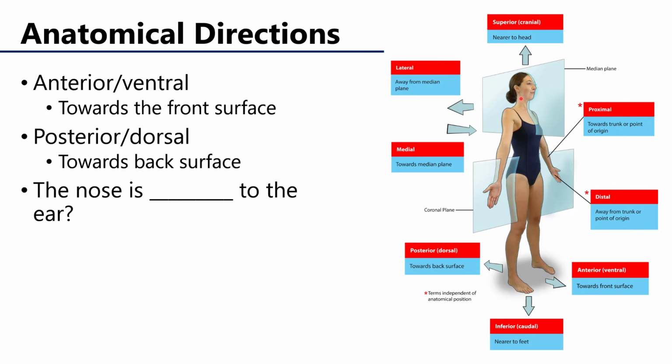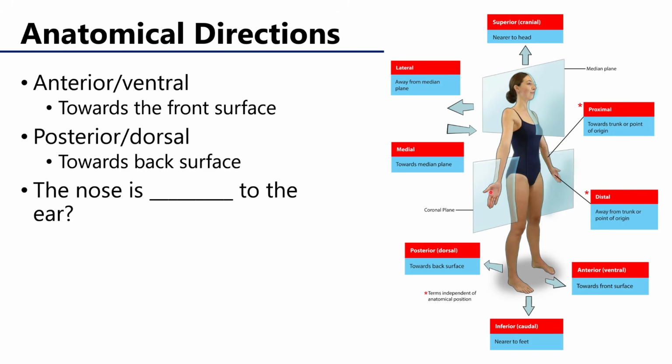Moving on, we have our paired anterior versus posterior. Anterior sometimes we refer to as ventral, whereas posterior we refer to as dorsal. These are things that would be separated by a coronal plane. So in standard anatomical position, the palms of the hand are anterior or ventral, whereas the backs of the hand are posterior or dorsal.